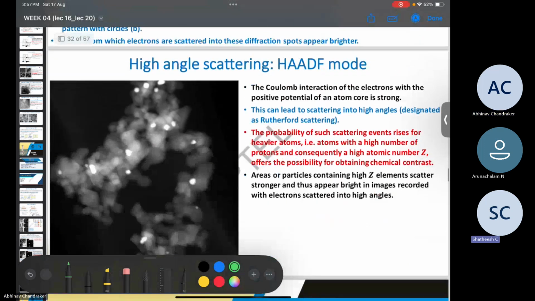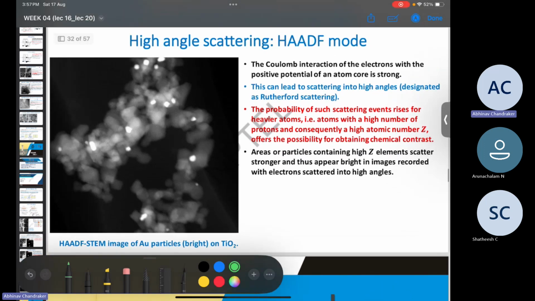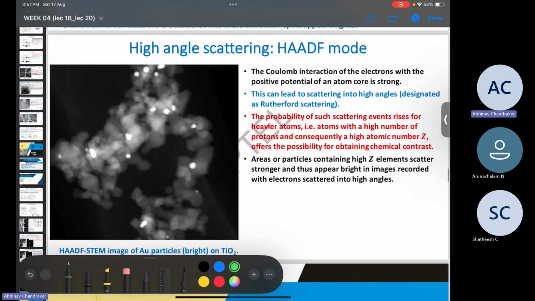Now there is another technique which is also important. HAADF stands for high angle annular dark field, and in simple terms, this exploits the phenomenon of stronger scattering of electrons by atoms which have higher masses.